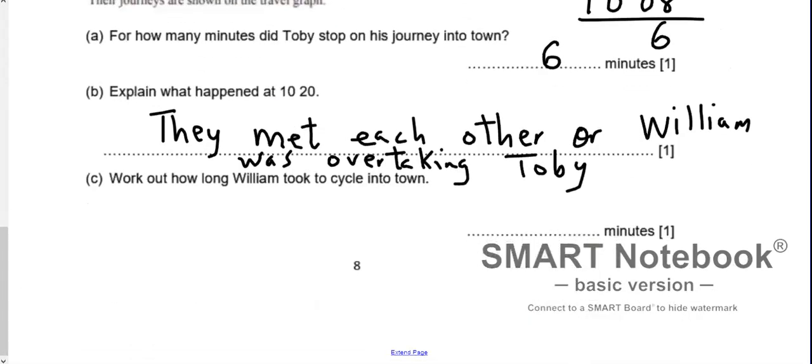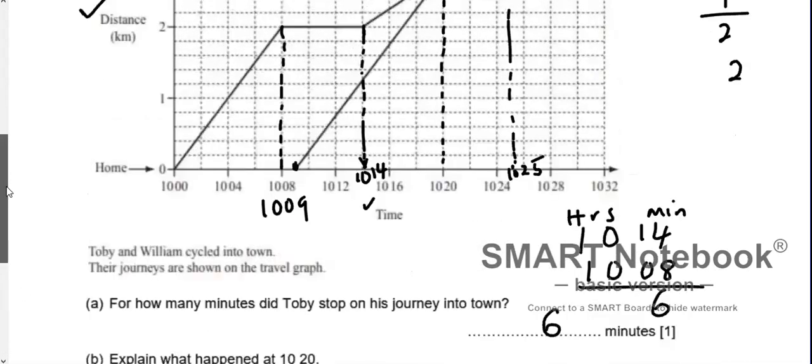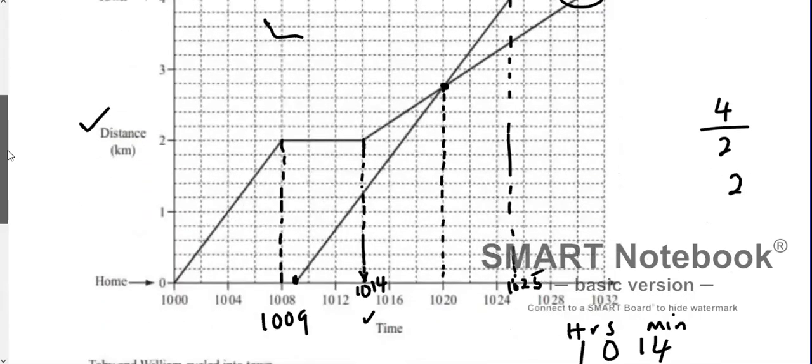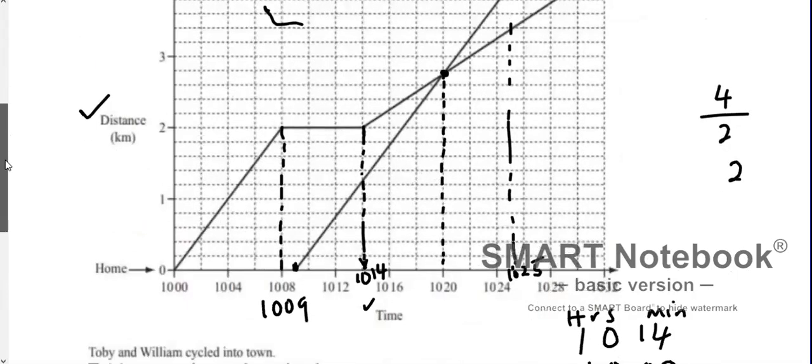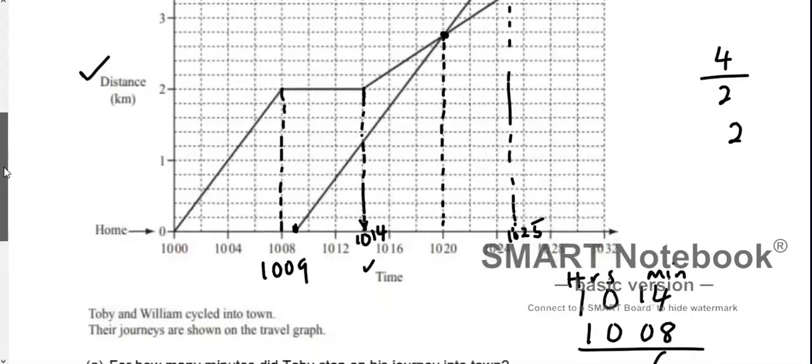Take the difference: 10:25 minus 10:09. Subtract that. Let me check again. 10:25 minus 10:09.